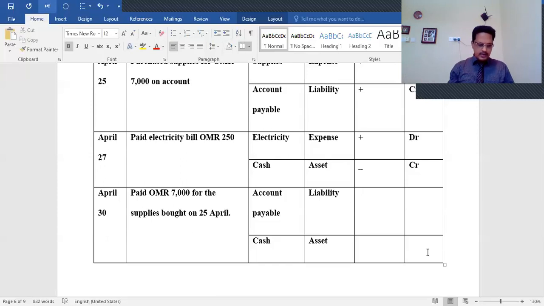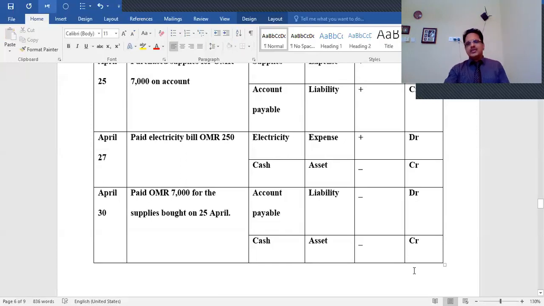So your liability decreases. Then your cash also decreases. Now your liability decreases, you know already, liability, equity, and revenue increase means credit, decrease means debit. You can apply the rule. You have to learn it by heart. Then cash asset decreases: asset increase means debit, asset decrease means credit.